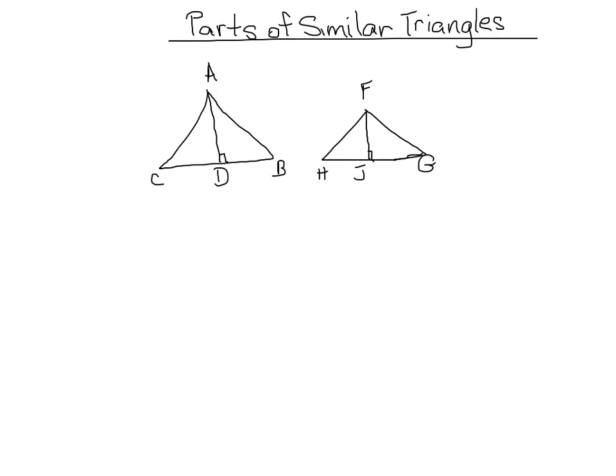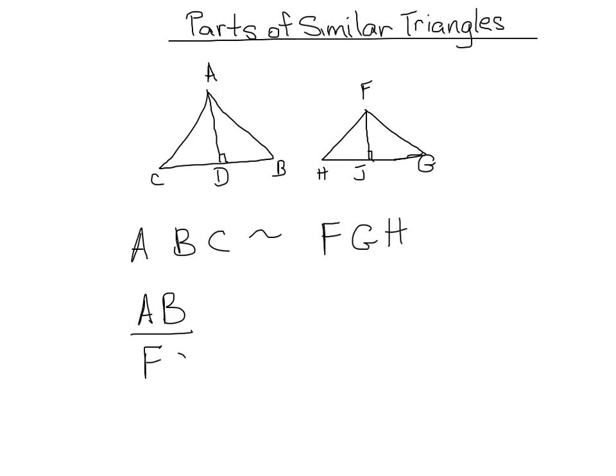All right, so you already know this, and I'll show it to you anyway. If triangle ABC is similar to triangle FGH, we already know that AB over FG is equal to BC over GH, which is equal to CA over HF.